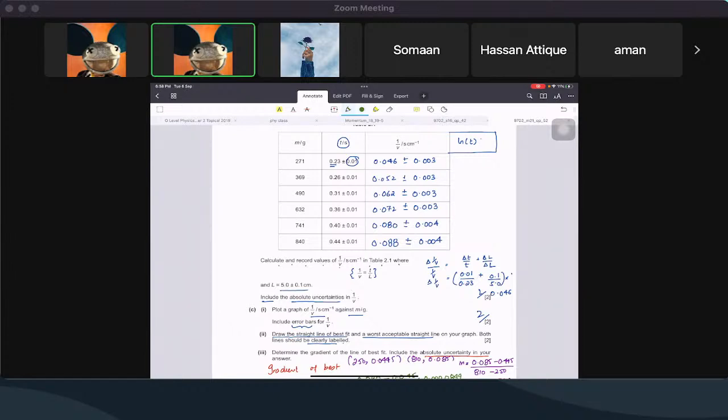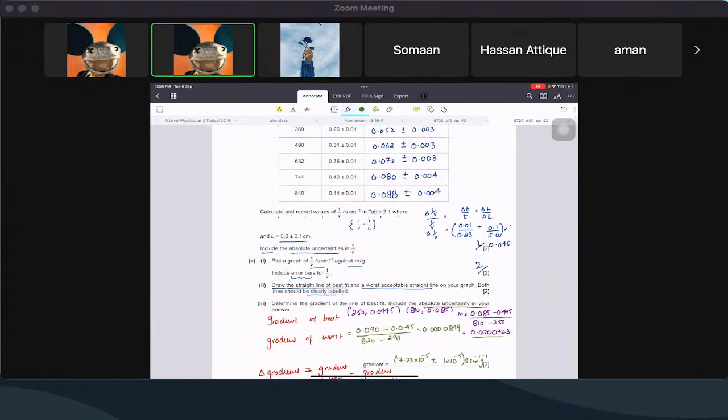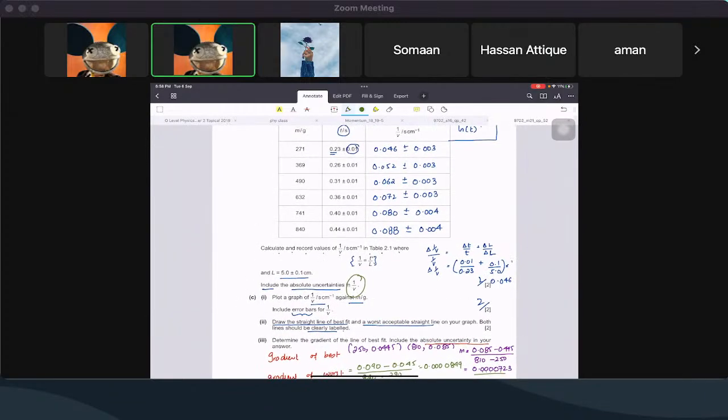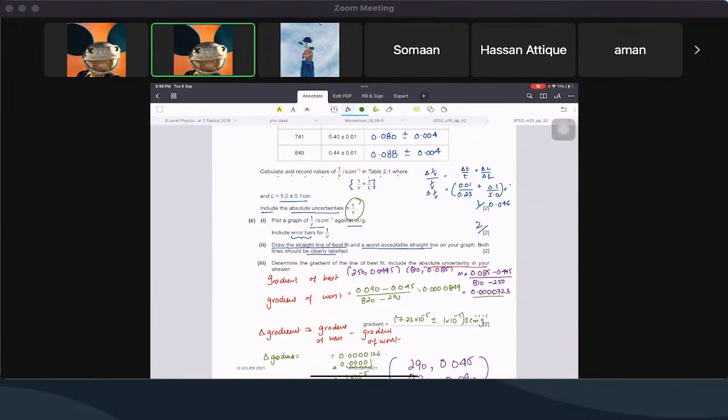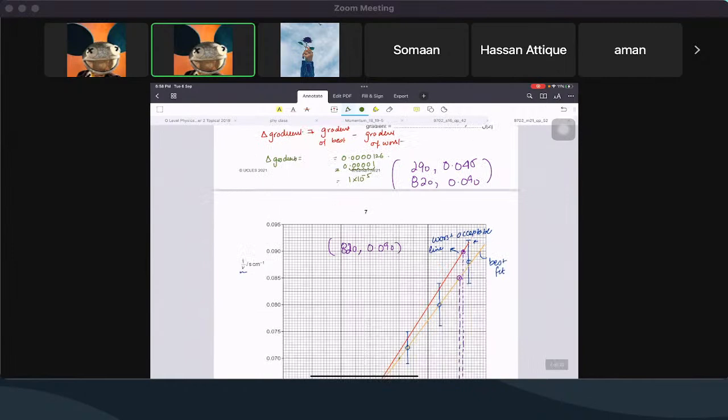But there is something missing here. It was basically 1 upon v given as t over l, and what was t? So we have to find 1 upon v here, unfortunately.